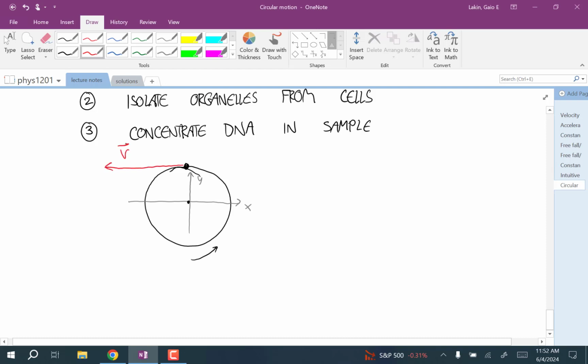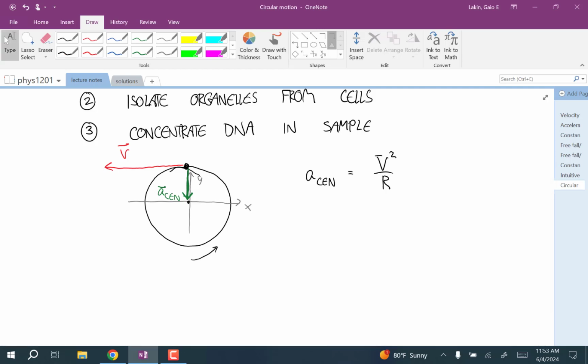We're going to assume that there's uniform circular motion. We're not worried about changes in speed. And so the only acceleration that we're going to get is the centripetal acceleration. And the magnitude of that centripetal acceleration is the speed squared divided by the radius.